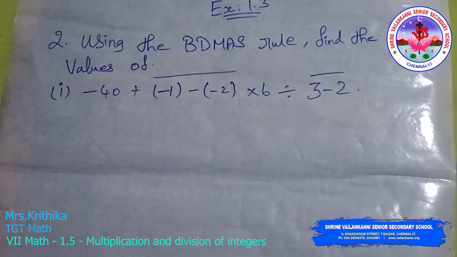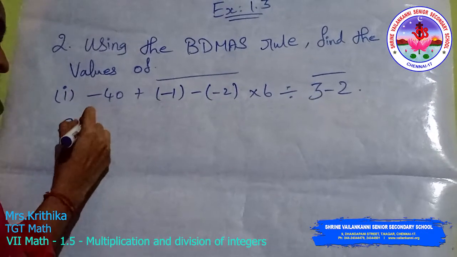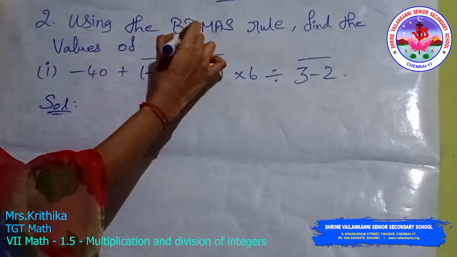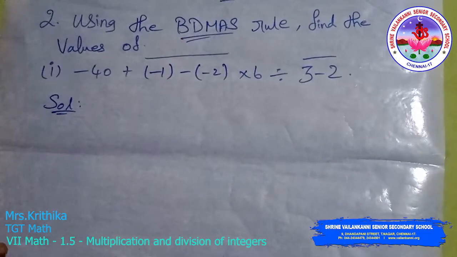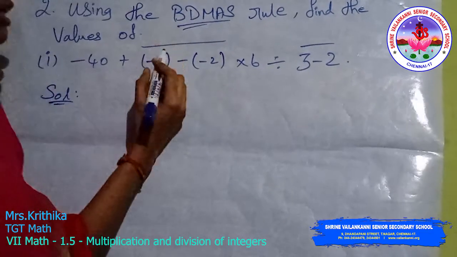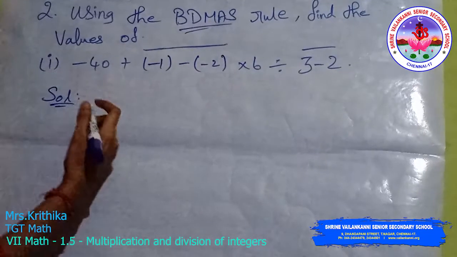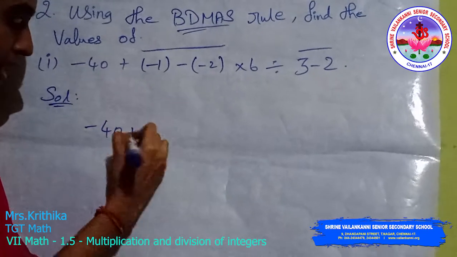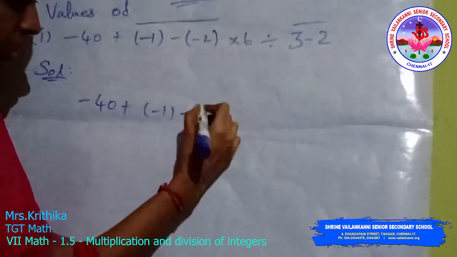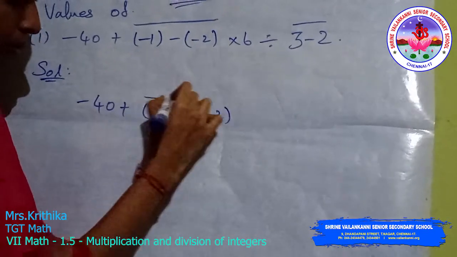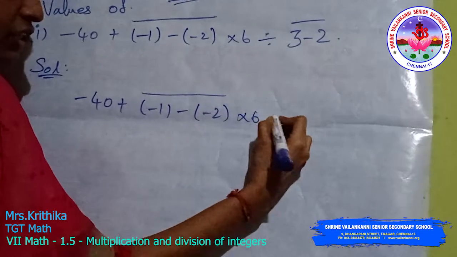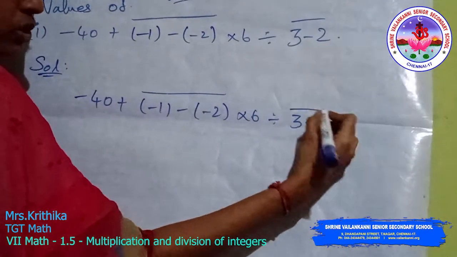The solution is using the BODMAS. The first BODMAS rule is first priority goes to the bar value. First write the question: minus 40 plus minus 1 minus of minus 2 bar into 6 divided by 3 minus 2 bar.